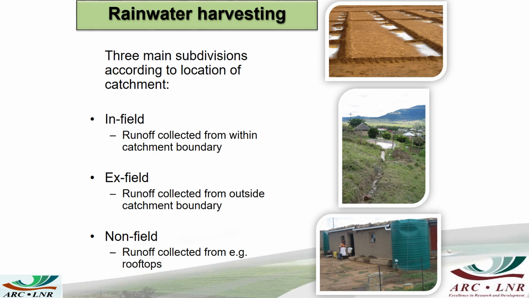The exfield runoff is collected from outside these boundaries, for instance from a hill or a road. At the bottom is non-field rainwater harvesting, where water is collected from the roof into a dam or a tank.